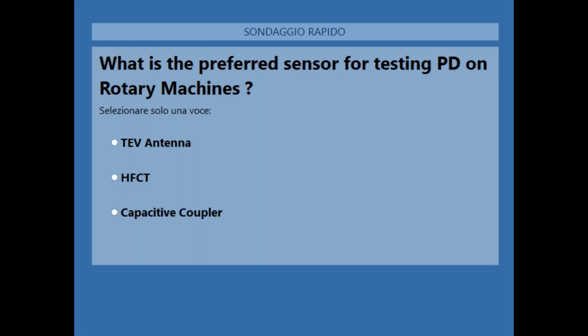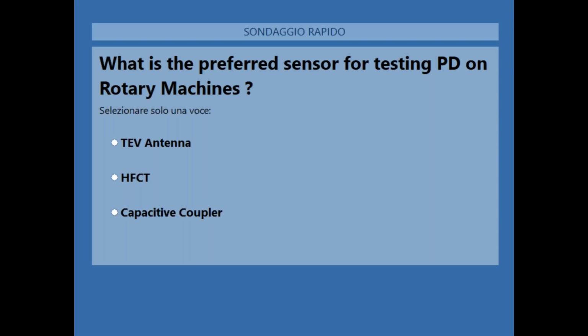What is the preferred sensor for testing partial discharge on rotary machines? Obviously, you can do it with any of these, but there is one which we would prefer because if you look at all the aspects which Lorenzo presented, so if you look at the sensitivity, installation, safety, sync signal, coupling principle altogether, which one is according to you the best?